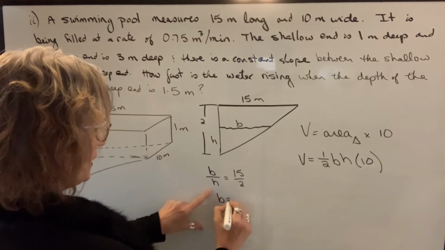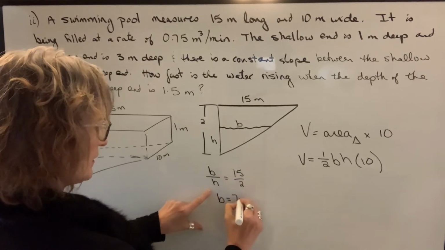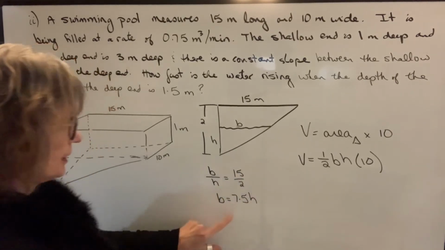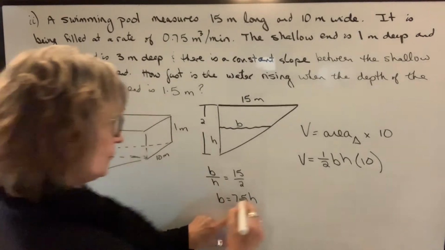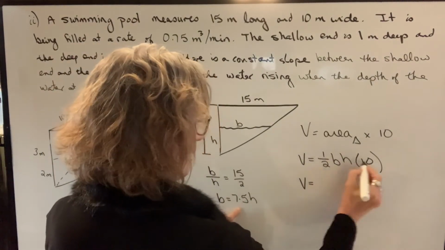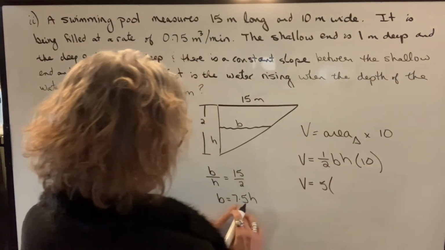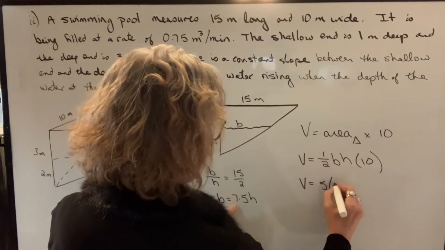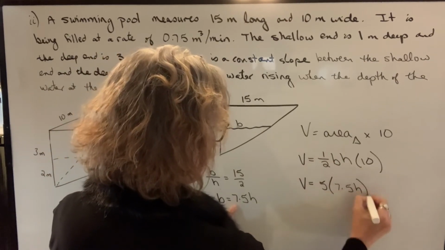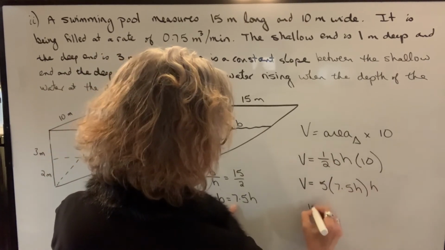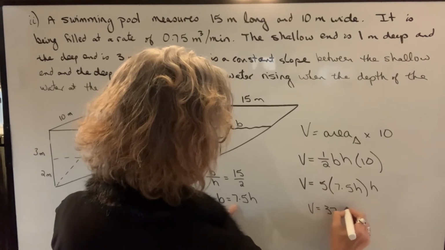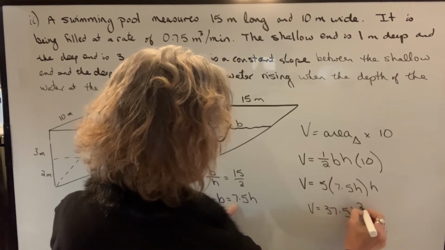Therefore, B will equal 15 divided by 2, which is 7.5, times H. So we can replace B with 1/2 times 10, which is 5, times 7.5 H times H, and that simplifies to 37.5 H squared.